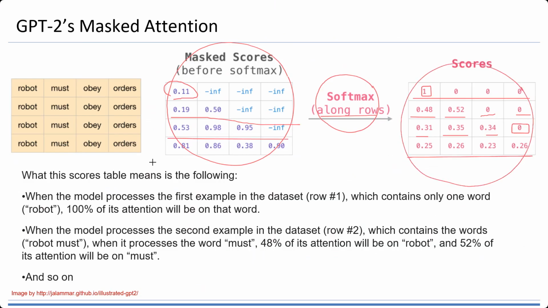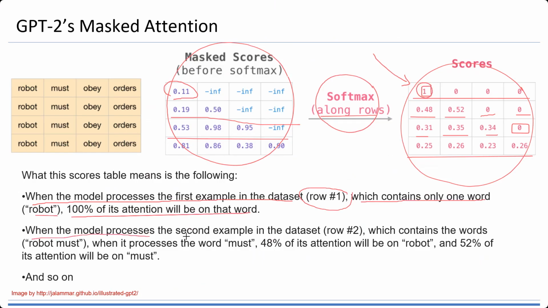After we have these scores, when the model processes the first example in the data set, row number 1, which contains only the word robot, 100% of its attention will be on that word. So the attention is based only on robot.